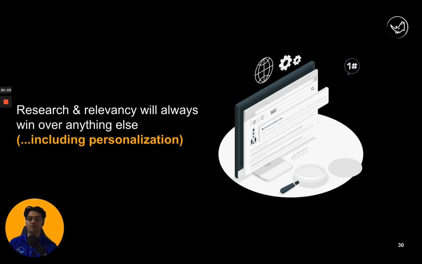For instance, if your product is a Salesforce CRM or HubSpot CRM add-on, you need to be 100% sure that individual is using HubSpot or Salesforce, right? I've seen a lot of individuals just spam and hit up a lot of these individuals with many touch points, and they've not done their research. So always remember, research and relevancy will always win over anything else.